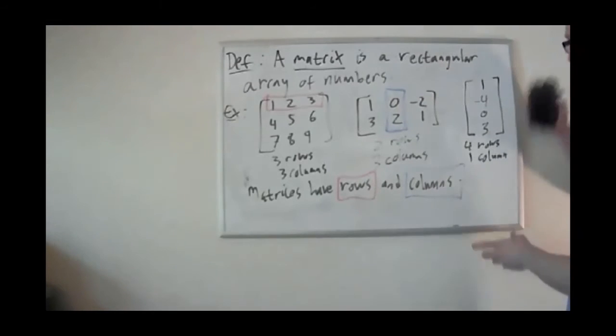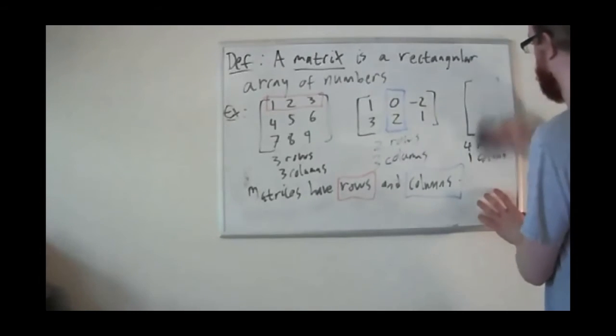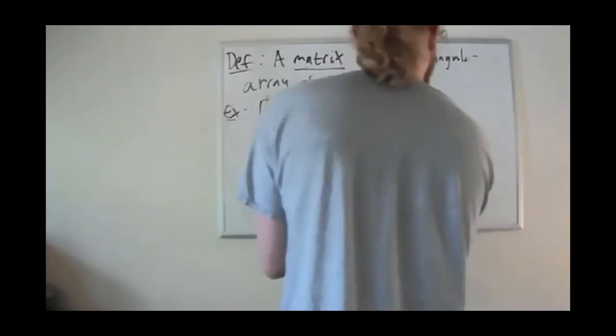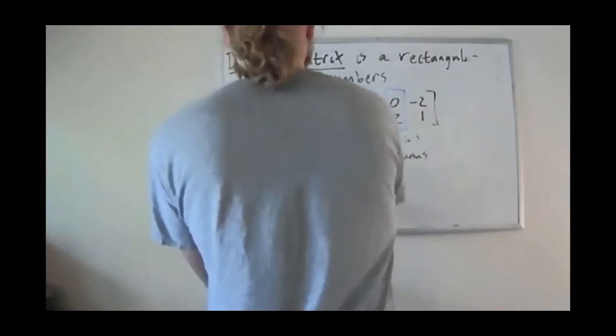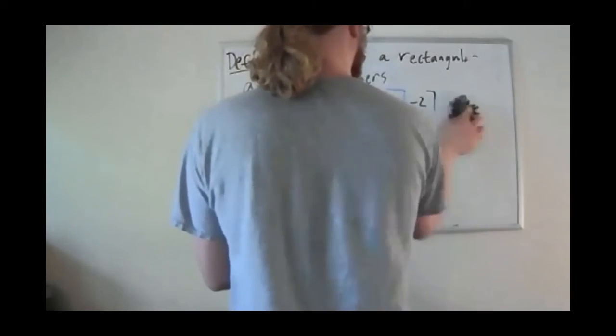Okay. Now, let's talk a little bit about where this is going to come into play with a system of equations. So why are we going to have matrices? And on Monday, we're going to practice doing operations on matrices.